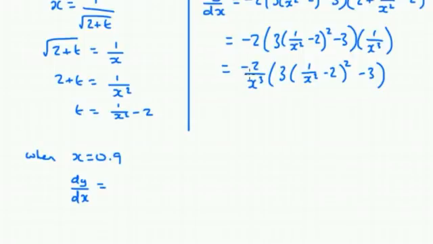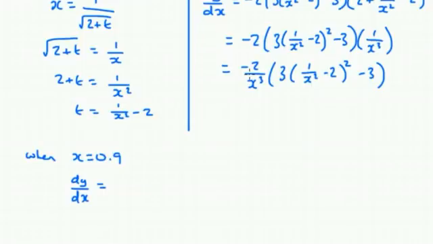So minus 2 over ans cubed times the 3 times 1 over ans squared minus 2 all squared take 3.